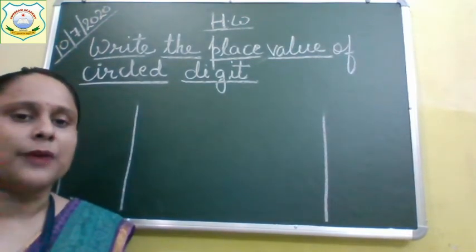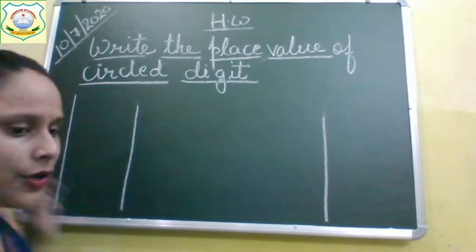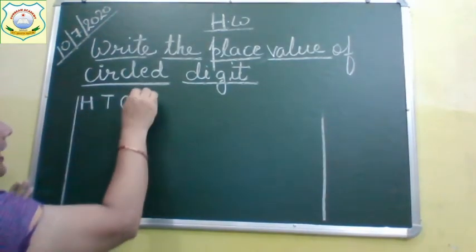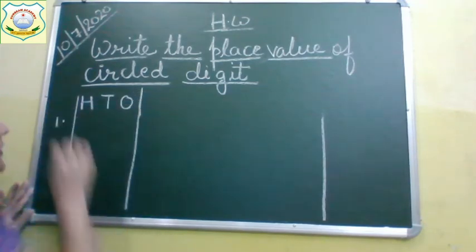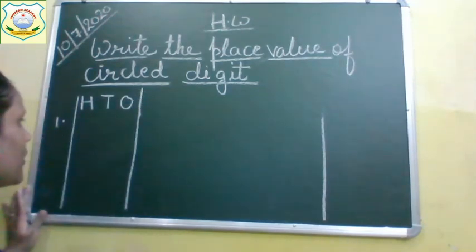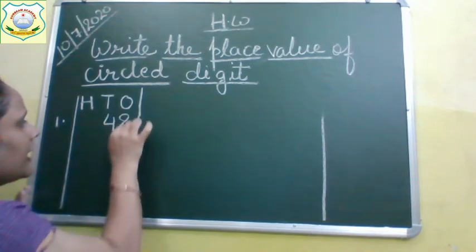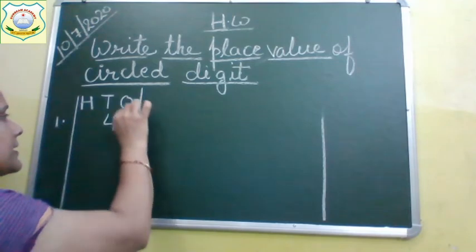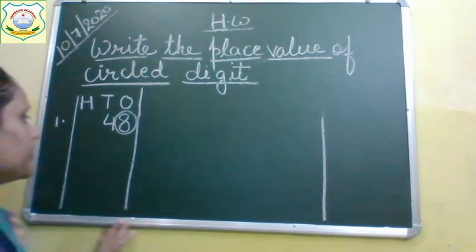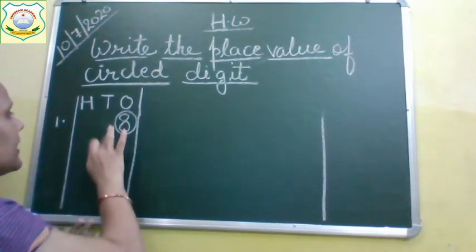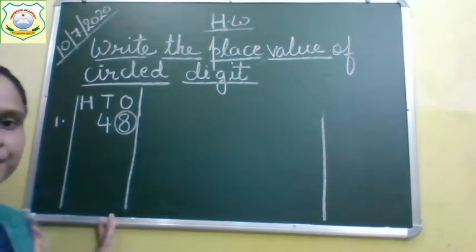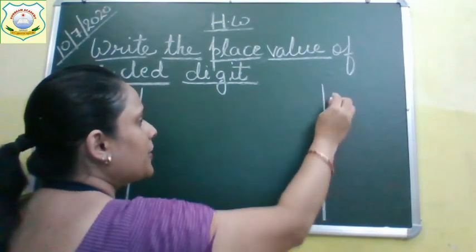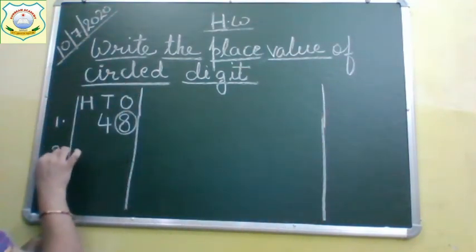Now, note down the homework questions. First, you will write places 100, tens, ones. After this, your first question for homework is 48, in which 8 is the circle number. Okay? After this, come to question number 2.